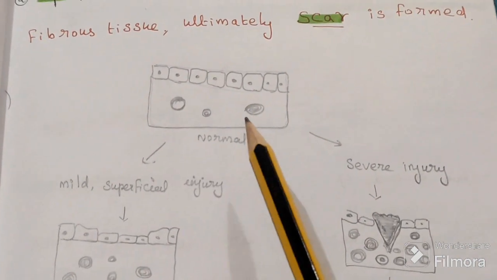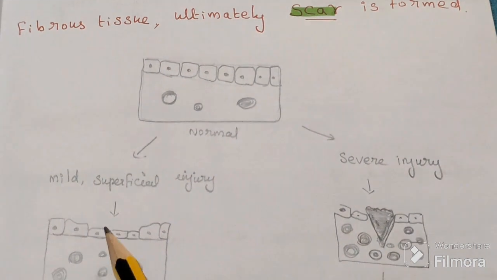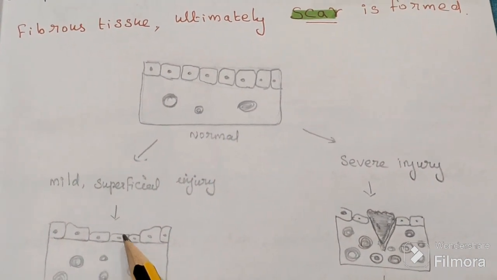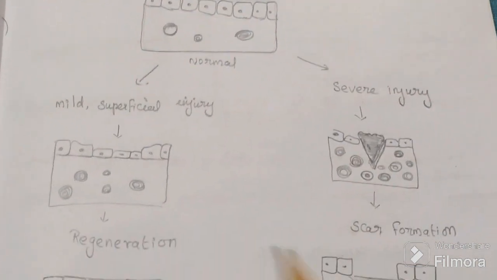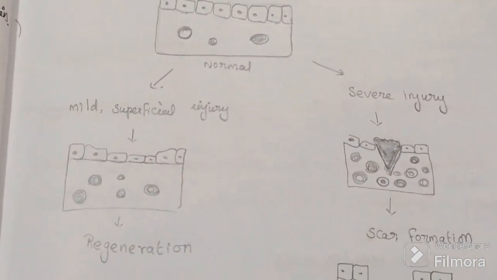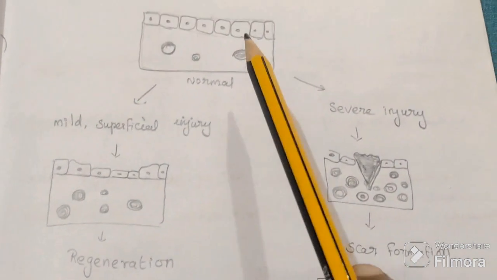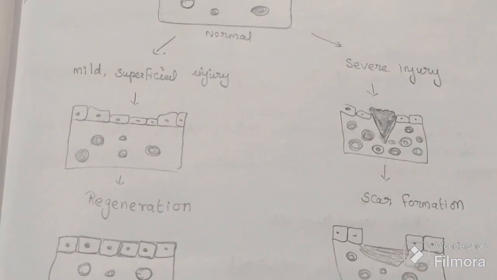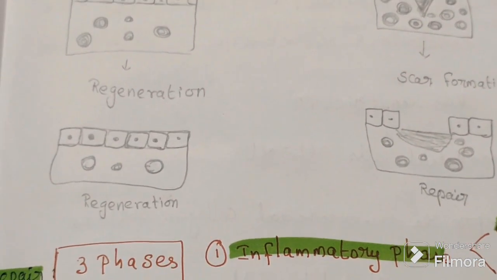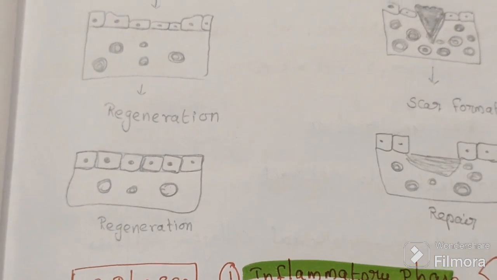Let's see, this is the normal structure. If the injury is superficial, whenever cells are lost from that area, they are replaced by the same cells. Parenchymal cells are replaced by the same parenchymal cells, so the structure is resumed.